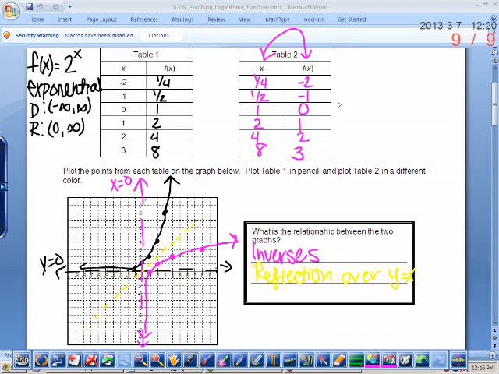What is the domain of our new graph? And what's the range? How does that relate to our original graph? Yeah, they're flipped. They're switched, which makes sense, right? Because we're switching our x and our y values.